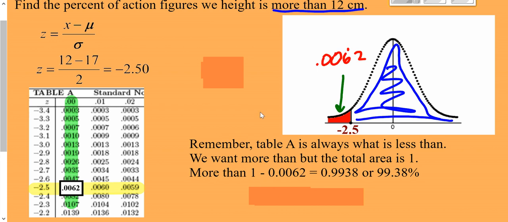So if you're looking for what's less than, it's just what's in your table. If you're looking for what's more than, you do all that work and just go 1 minus what was in your table.